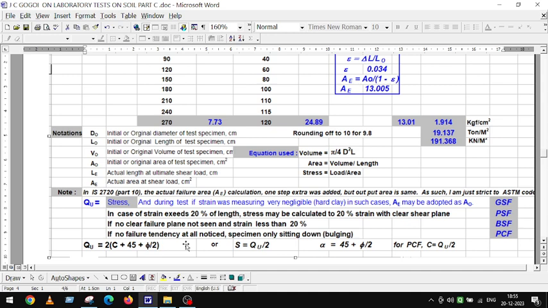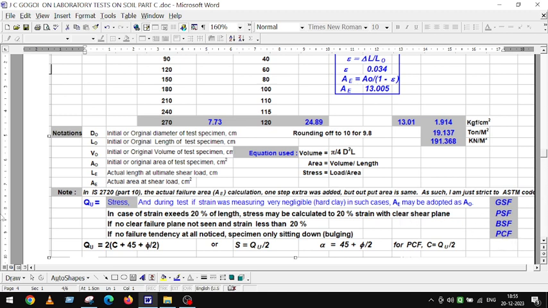If some soil has no shear tendency, it will be sitting down, that is bulging, like some soft clay where we can put something and it will hold, there will be no shear, there will be some compression. So it is plastic compression failure.